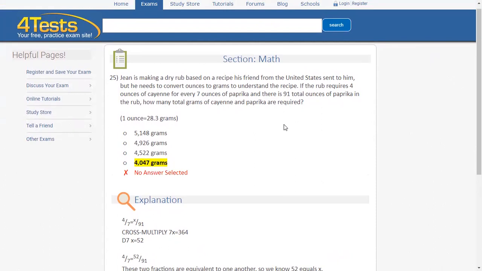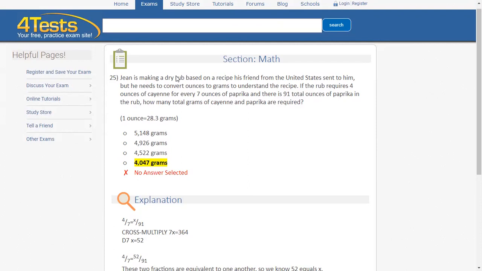So 4 and 7: the rub requires 4 ounces of cane for 7 ounces of paprika, and 91 is the total ounces of paprika. Actually, we can say that this is just a ratio type of question.